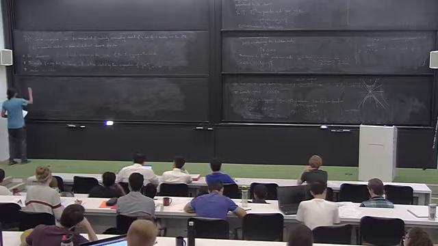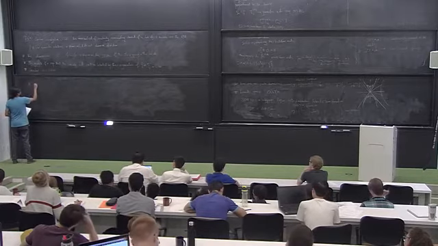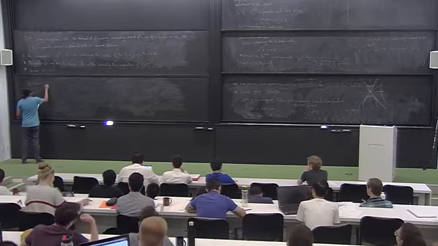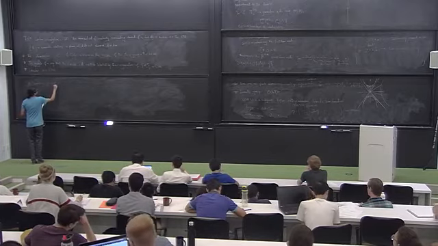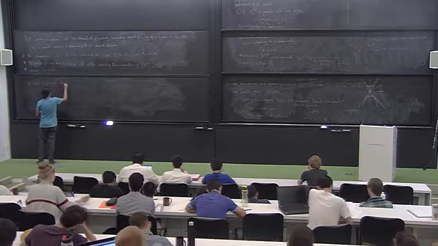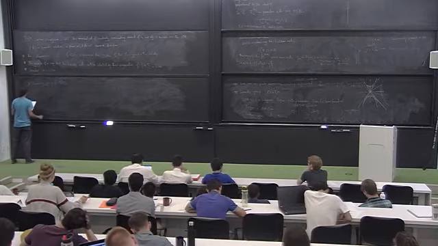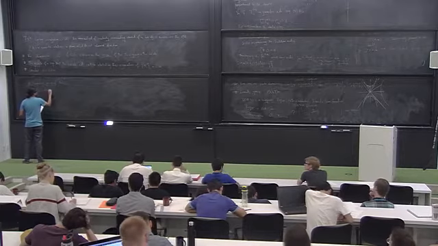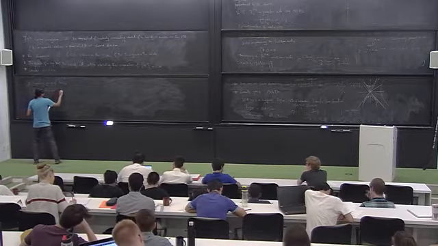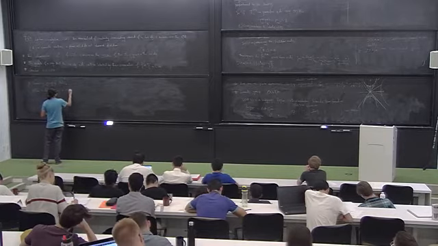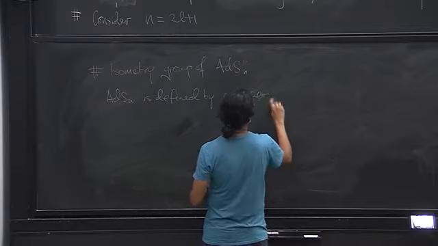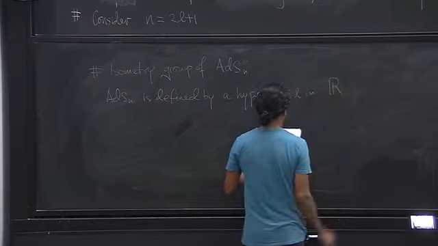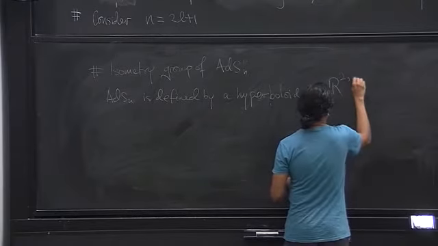All right, so the symmetry group, or isometry group as geometers like to call it, of AdS-n is defined by a hyperboloid in a Minkowski type of space with 2 time directions.